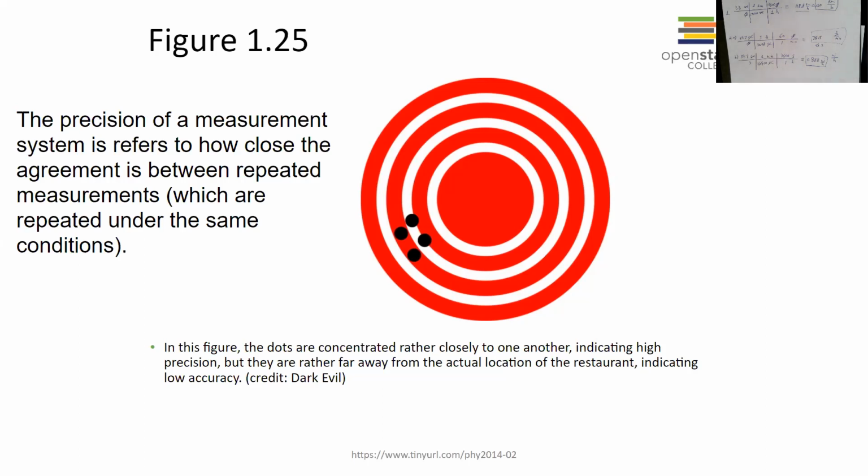If you have a digital balance that is not calibrated, then you are always off by, say, 2 grams. It reads 2 grams when nothing is on it, so you always are off by 2 grams.